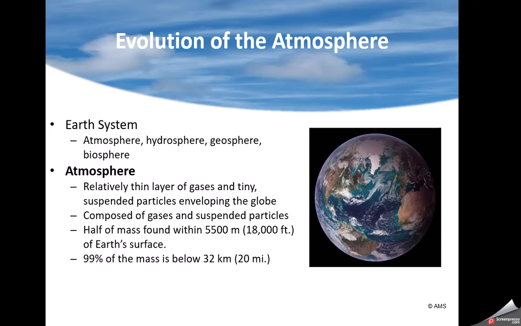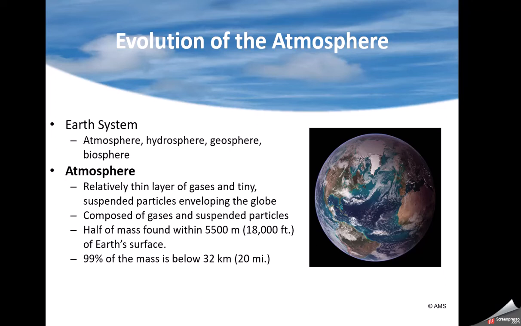Well, the atmosphere is just one part of the Earth system. The Earth system consists of the hydrosphere, which is basically oceans, lakes, water; the geosphere, which is land masses, volcanoes, those types of things; the biosphere, plants, animals; and then the atmosphere, which is probably the teeny tiniest part of all of them, a relatively thin layer of gases that's suspended above the Earth, and it has particles in it.